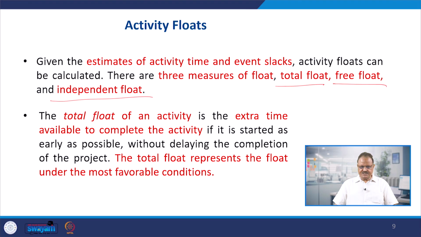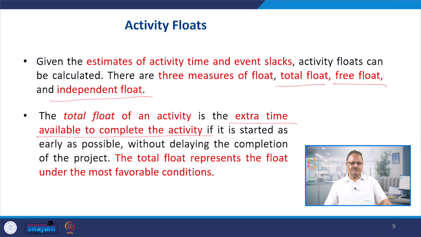And these floats help us to make the network more efficient. So the total float of an activity is the extra time available to complete the activity. We have the minimum time also, and we have the final time also.